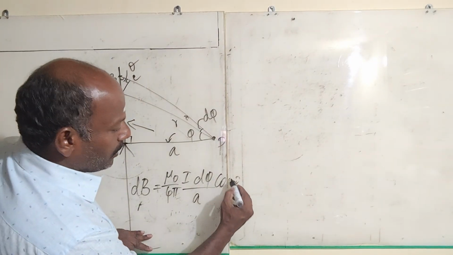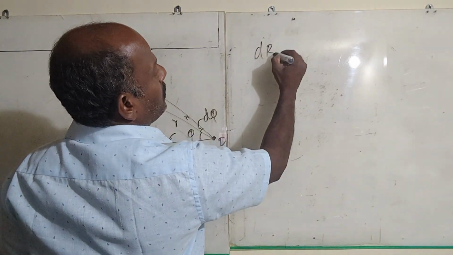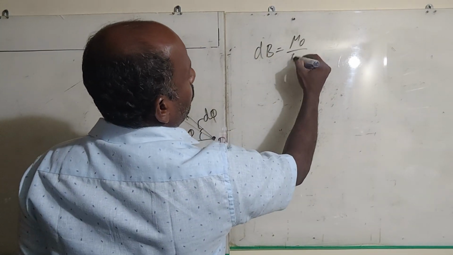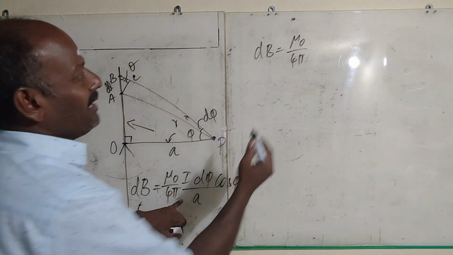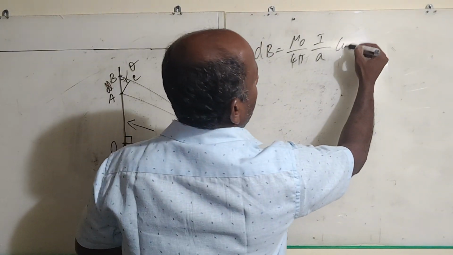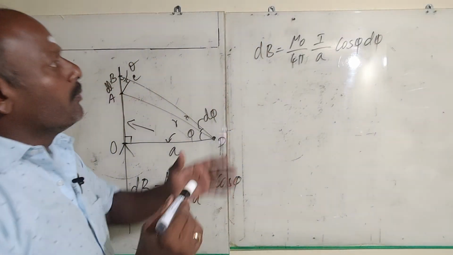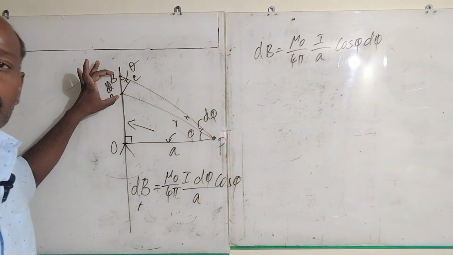So now I have dB equal to mu naught by 4 pi into I by A into cos phi d phi. This is a small value due to the small current element.